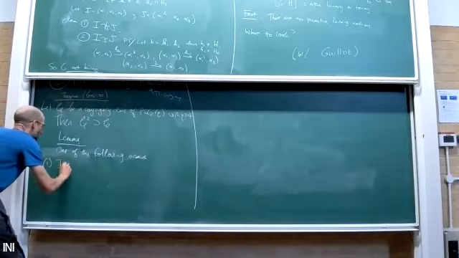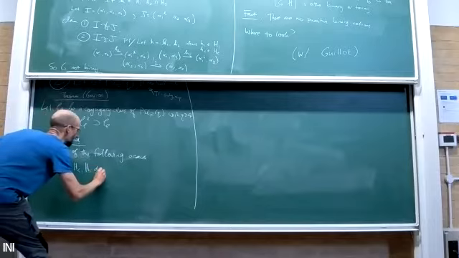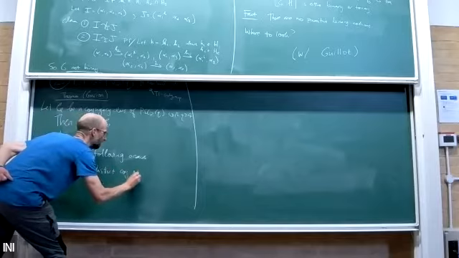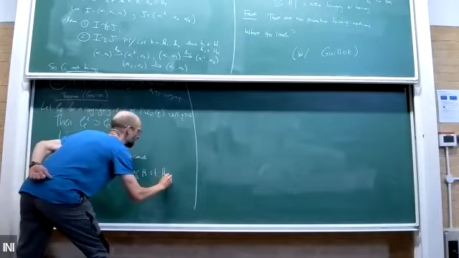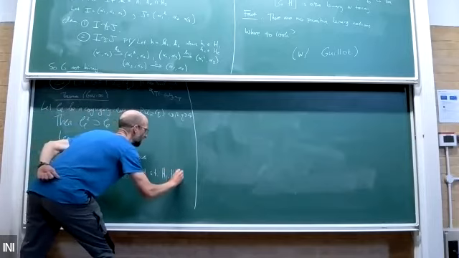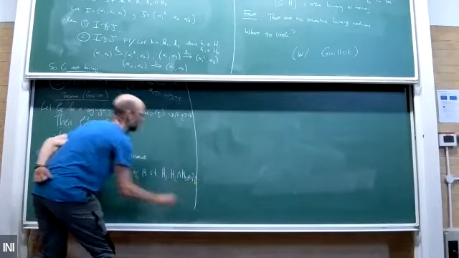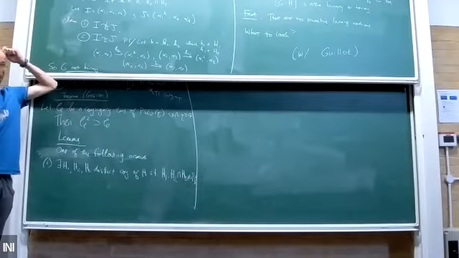So there exist H1, H2, H3, distinct conjugates of H, such that H1 times H2 intersection H3 is not equal to the identity. Okay, so that means it's not a binary action.